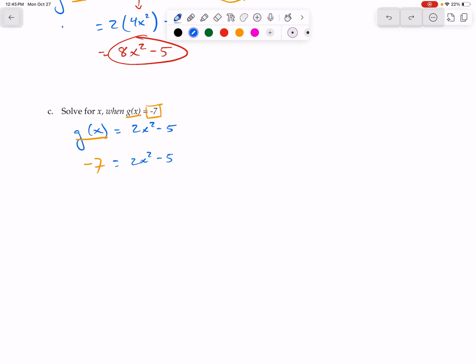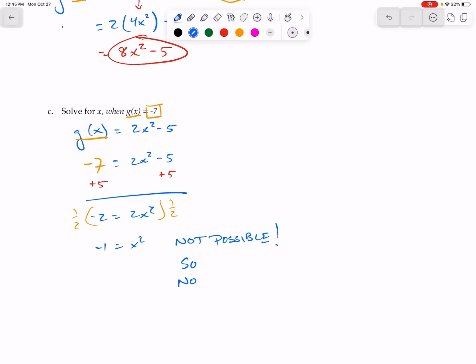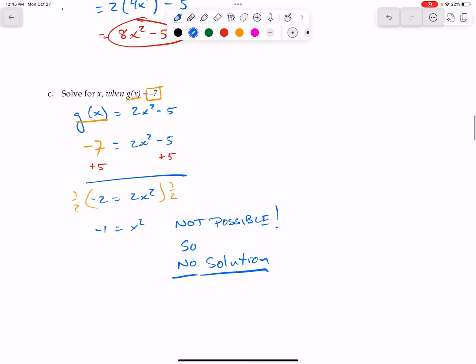So let's add 5 to both sides. We get negative 2 equals 2x squared. Let's multiply both sides by a half. And we get negative 1 equals x squared, but this is not possible. I can't square something and get a negative. So there's no solution. And on we go.